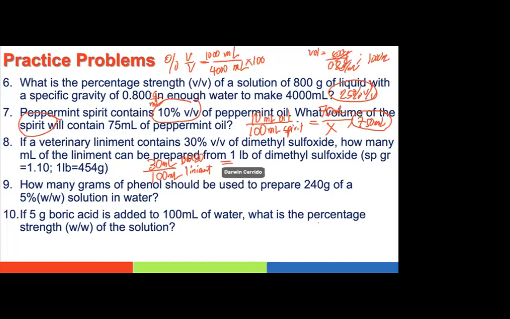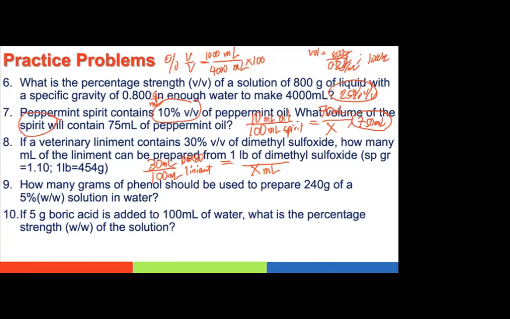Saan natin i-equate to? Ano yung tinatanong? How many ml of liniment? So therefore, ano ang X ko? Numerator, denominator. Denominator. Ilang ml daw ang liniment ko? Ang magpe-prepare from 1 pound of dimethyl sulfoxide. So anong kailangan natin na unit dito sa numerator?